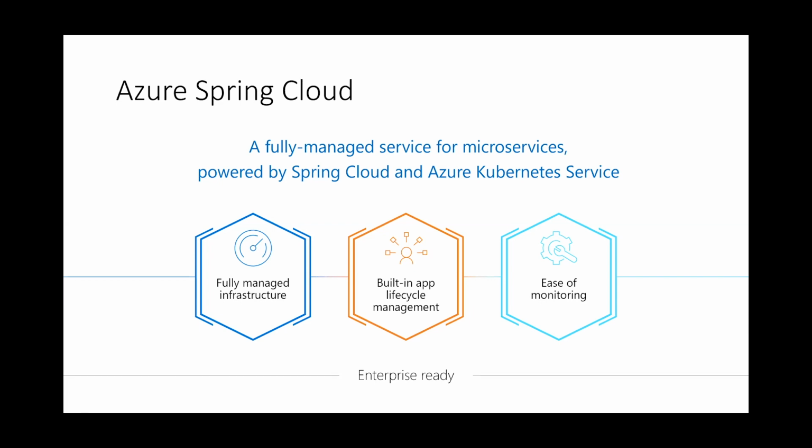It is jointly built, operated, and supported by both VMware Pivotal and Microsoft. That means you can use Azure Spring Cloud for your most demanding applications and know that both Pivotal and Microsoft are standing behind the service to ensure your success.